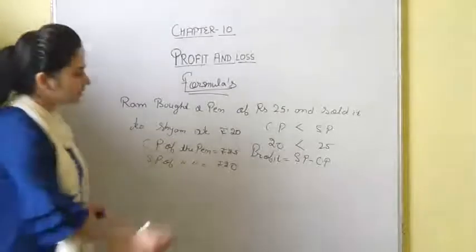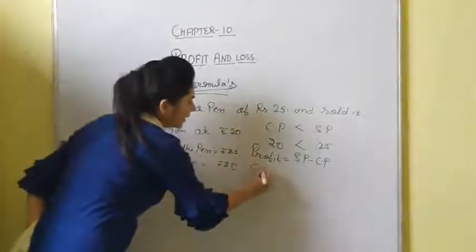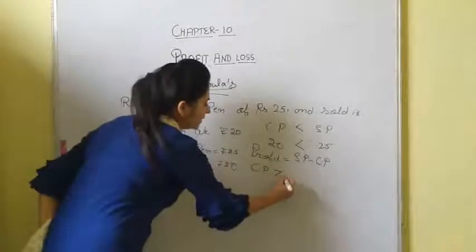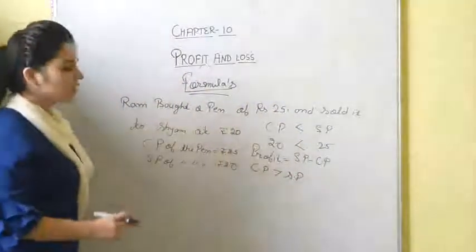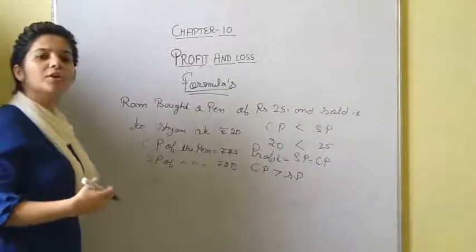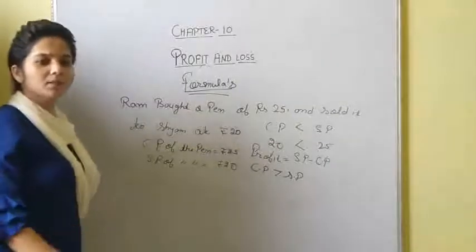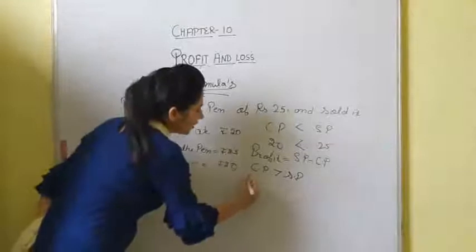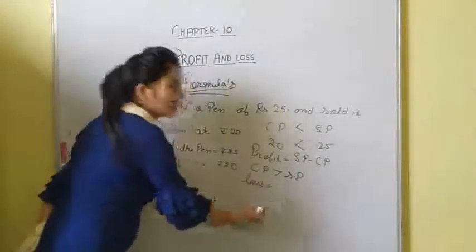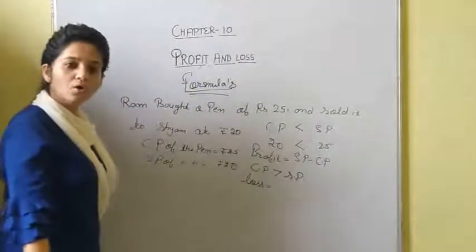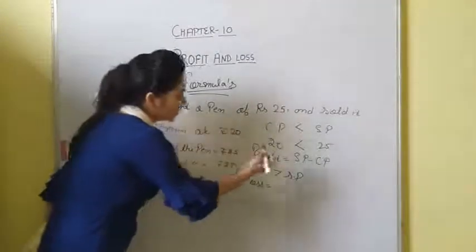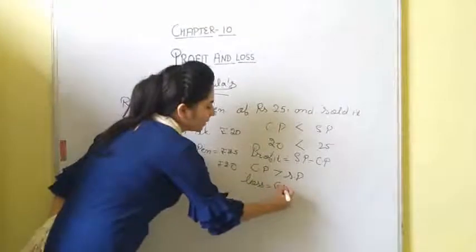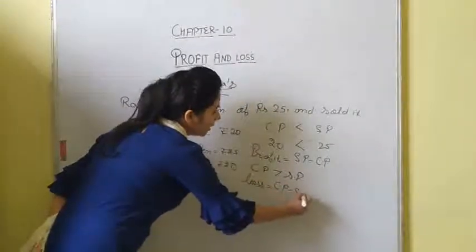In this case, CP is greater than SP. इस केस में जो CP है हमारा वो ग्रेटर है किससे? SP से। So there will be loss. तो यहाँ पर क्या होगा हमारा? Loss. And the formula used for loss is equals to CP minus SP.